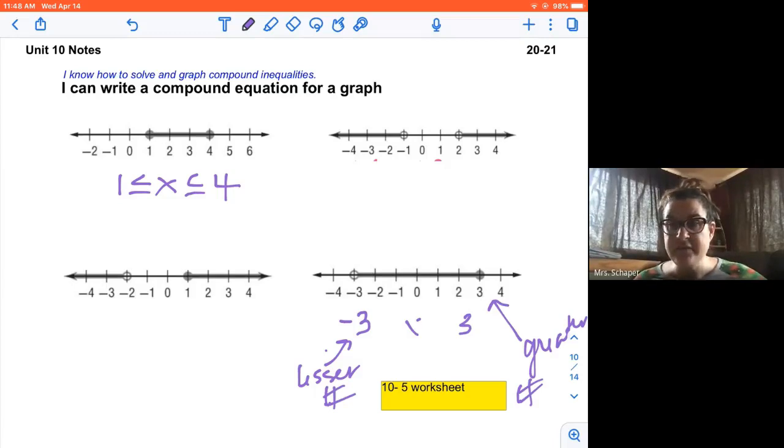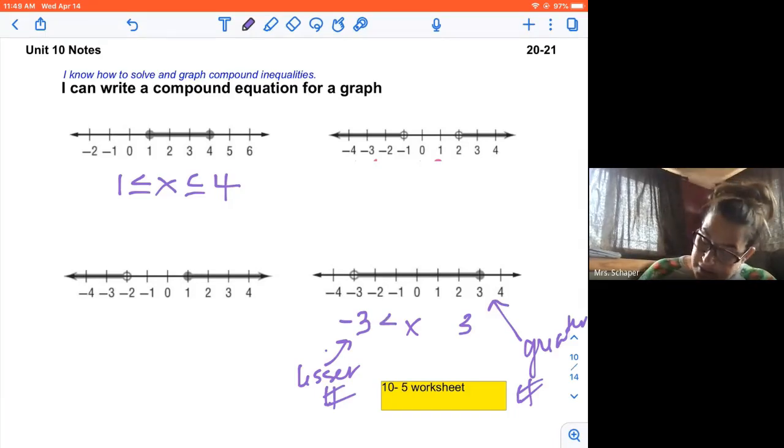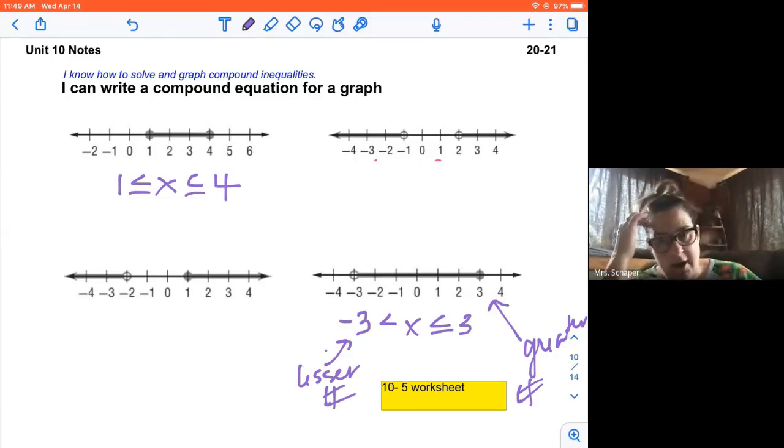Lesser number to the left, greater number to the right, variable in the middle. The -3 is less than, and the +3 is less than or equal to. So -3 is less than x, which is less than or equal to 3. Okay. All right. 2 more.